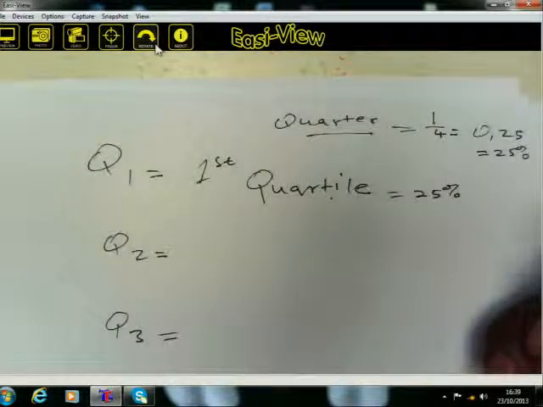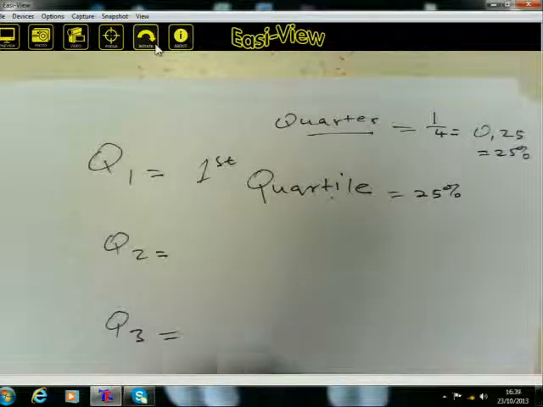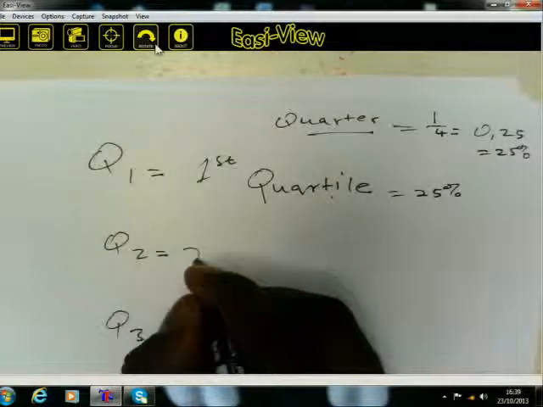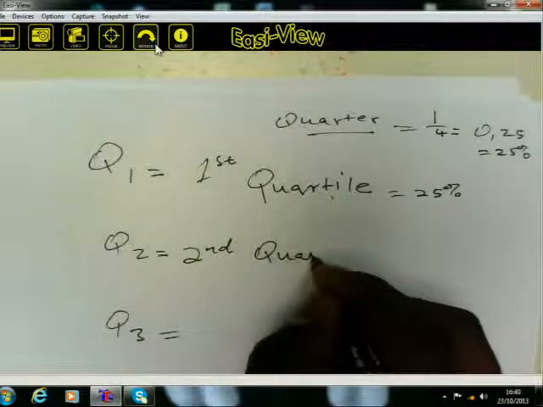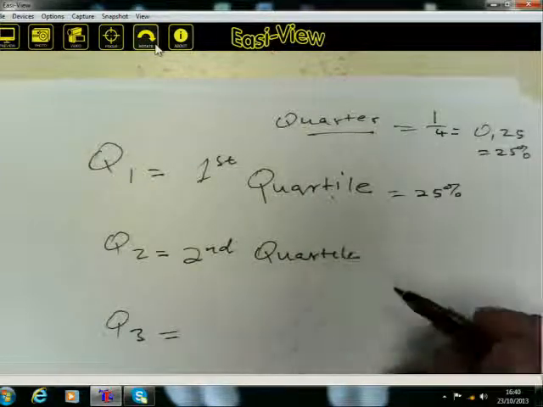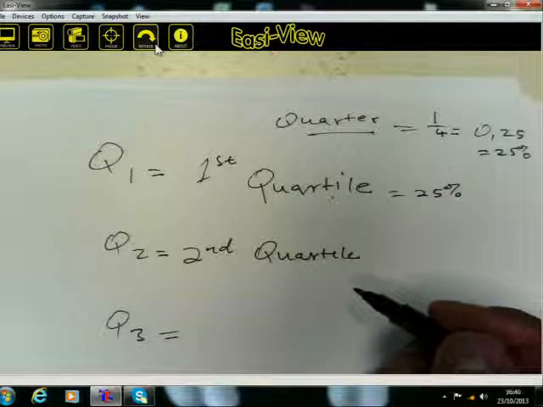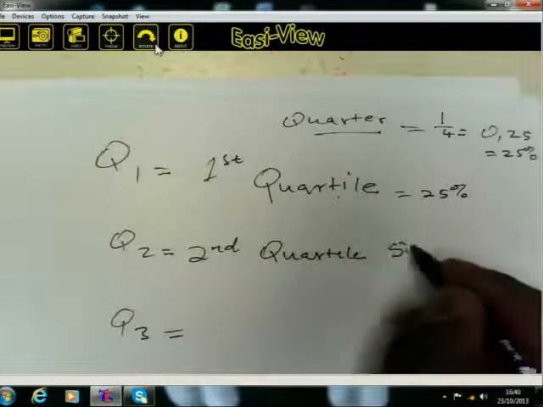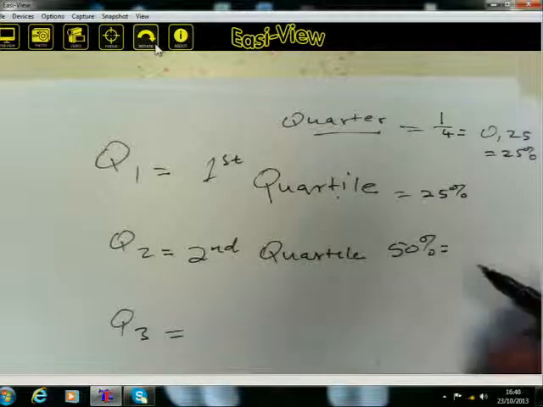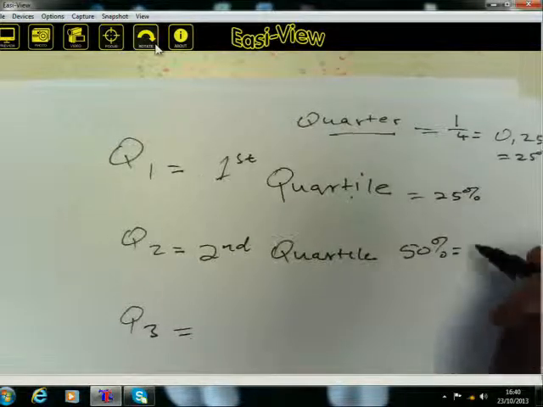Do you see? Now we go to Q2. That's the second quartile. Remember what did I say? I said the second quartile, that's 50%. That's the median.